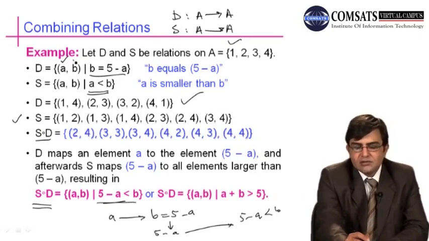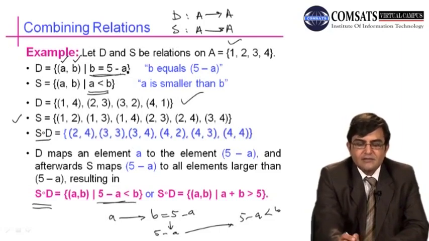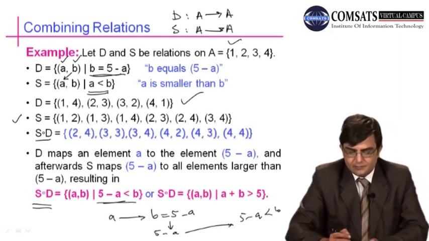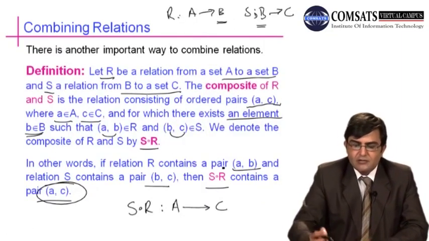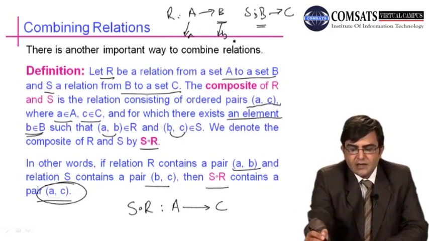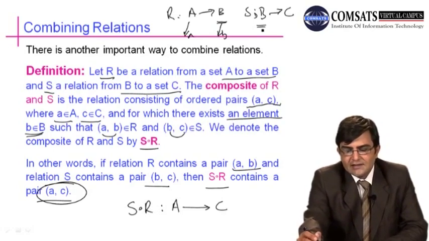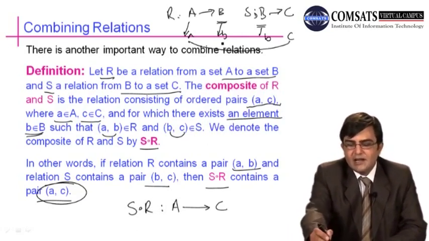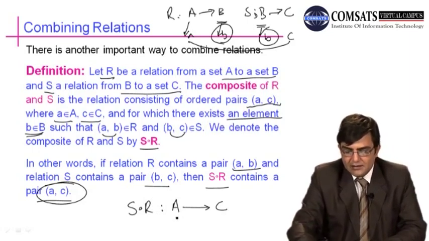This will be converted into the second element using this relation, that is B is 5 minus A. Now the second element of D will become the first element of S, as by the definition of composition of relations we have seen that R is a relation from A to B, where the first element of R is basically A, second element is B. Now B in the second relation S is the first element here, and the second element is C. Now in the composition A must be transformed to C, but with the help of B. In S composition R, basically A will be converted to B and B converted to C.